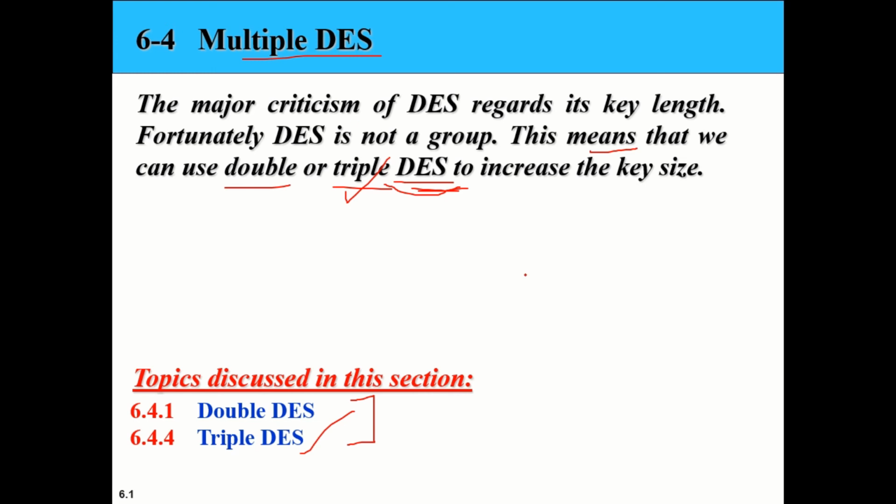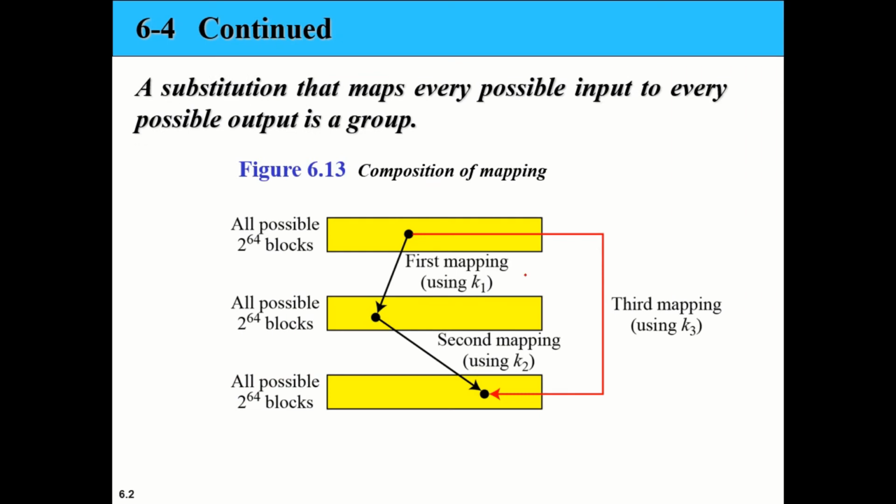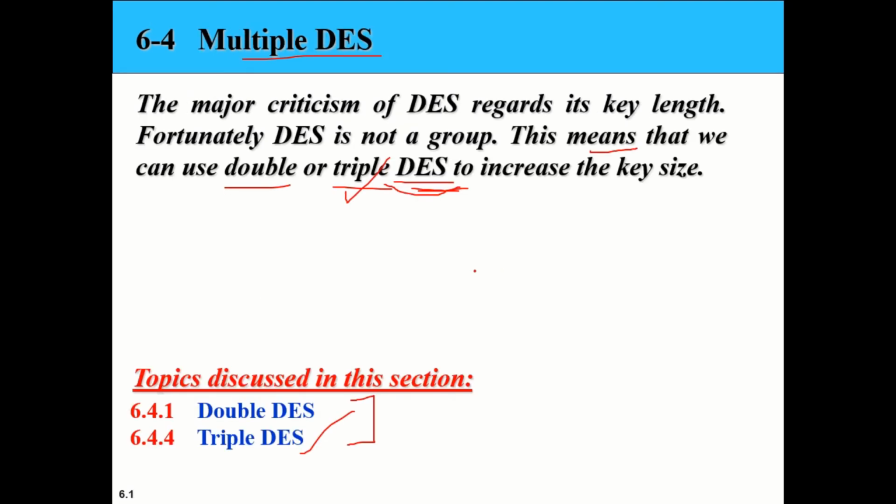We'll be discussing that now. This is about groups, which says that since DES is not a group, we can double or triple the process of DES to increase the key size, right?